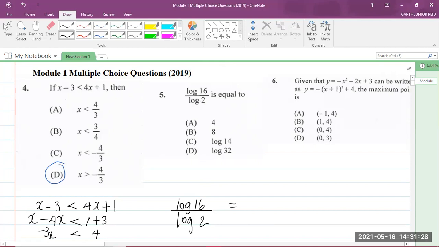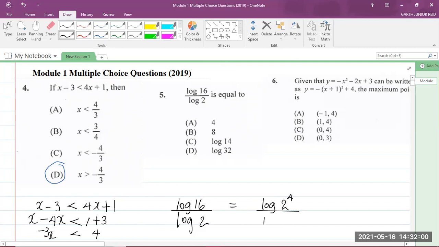Now, 16 can be written in terms of base 2. 2 to what power gives us 16? That's what you need to ask yourself. The answer is 2 to the power of 4. So in the numerator, I can rewrite the logarithm of 16 as log of 2 to the power of 4. You can put 2 to the power of 4 in a calculator if you're not sure, and that should give you 16.